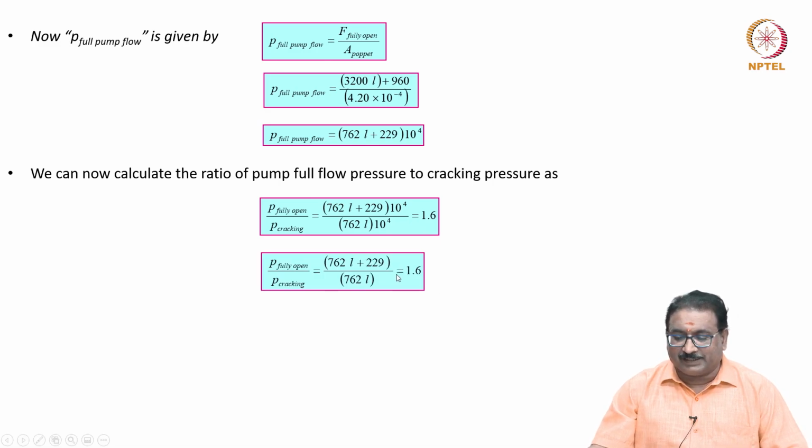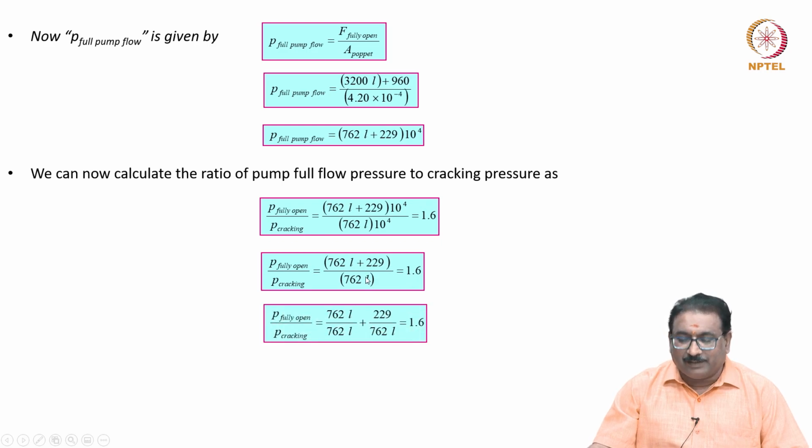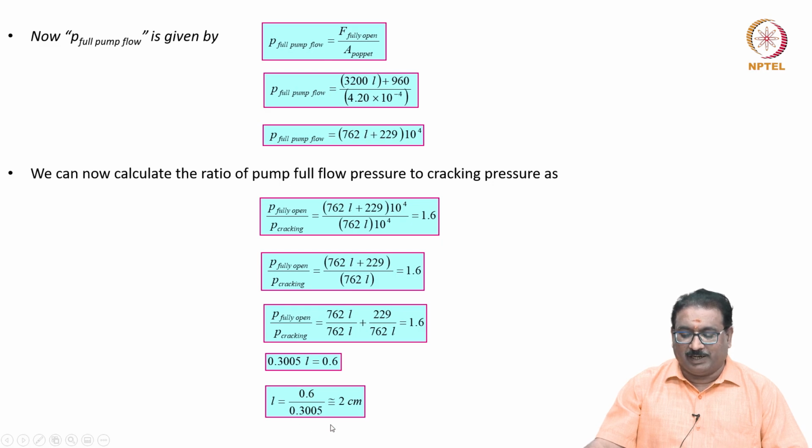After substituting this given condition, I will do the simple modification here, 762 L plus 229 by 762 L. This is how much it is, friend, 1 plus 229 by 762 L. This 1 will go this side, meaning 0.6. 229 by 762 is nothing but 0.3005 into L, 0.6. Then L equal to approximately I will get it 2 centimeter.